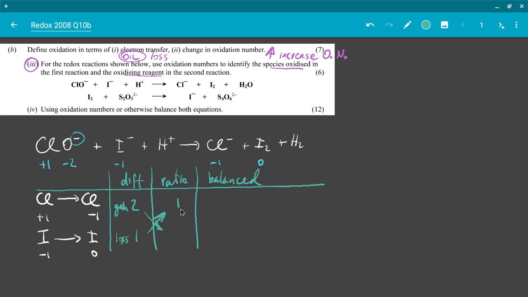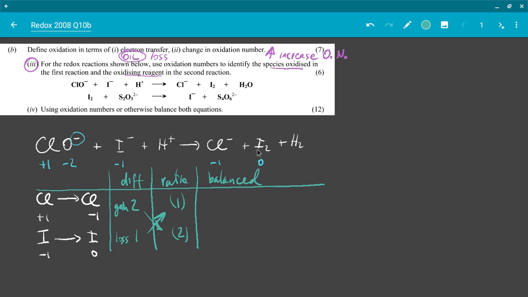Cross multiply 1 and 2. So we need 2 iodine atoms to satisfy 1 chlorine atom, just to make sure our budget is balanced. Gain of 2, loss of 1, so we need this ratio to make that relationship work.